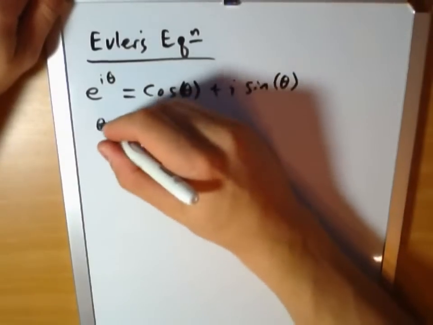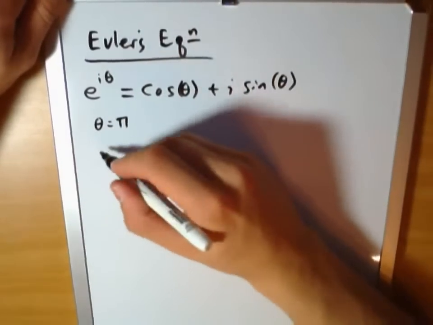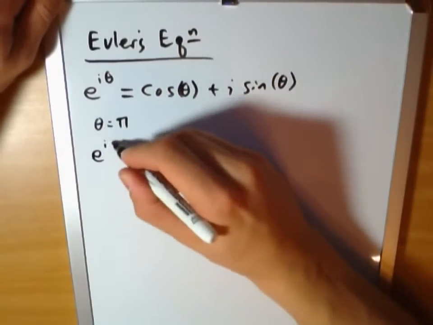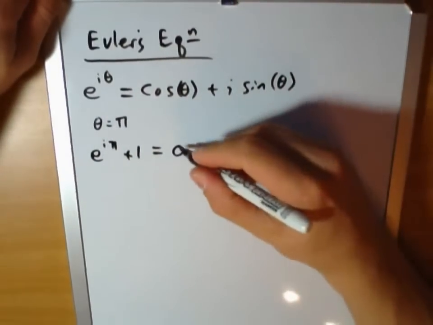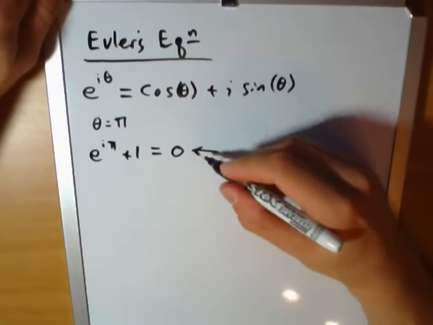If you plug in theta equals pi, you get Euler's identity, which is e to the i pi plus 1 equals 0. And there's a proof of this on Khan Academy, which I encourage you to check out.